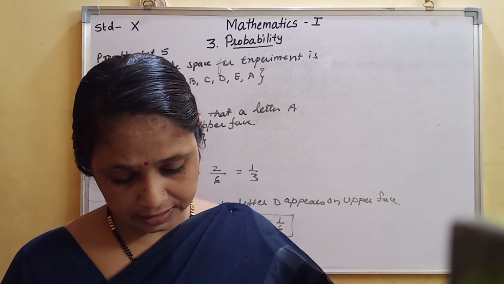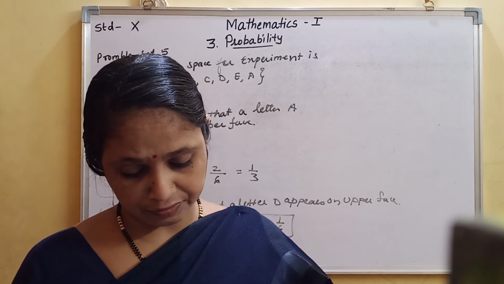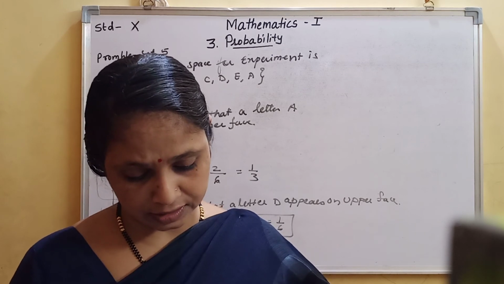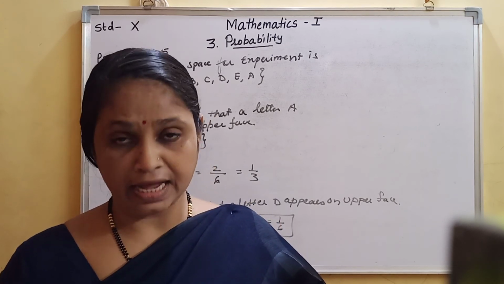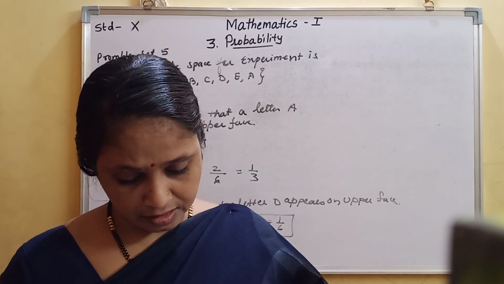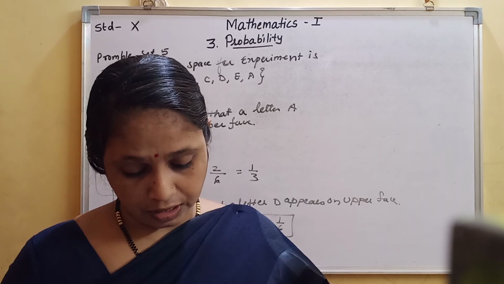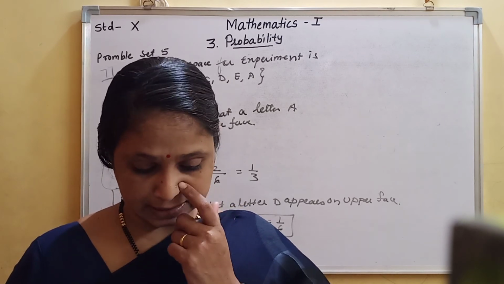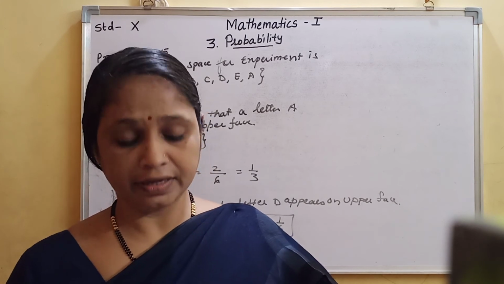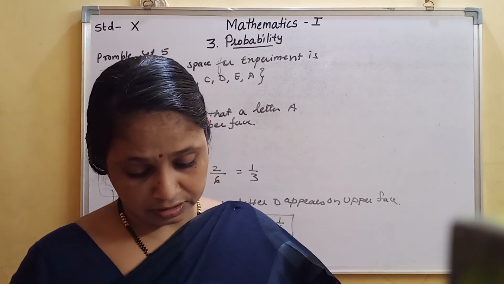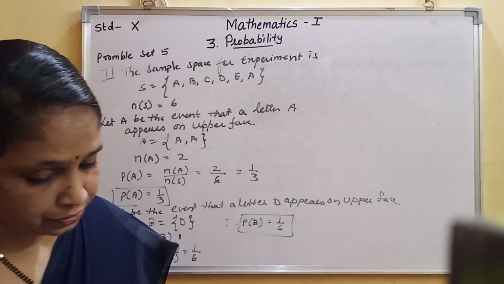If one ticket is drawn at random, find the probability of the event that the ticket drawn bears an odd number, and a complete square. So how will we write the sample space? The sample space of the box containing tickets bearing numbers from 1 to 30.